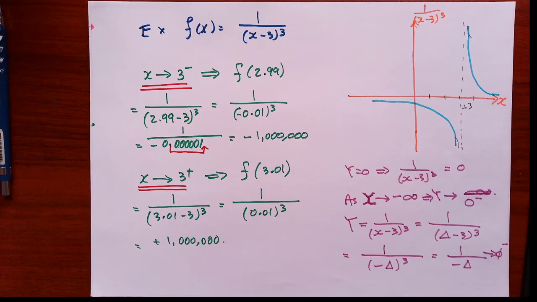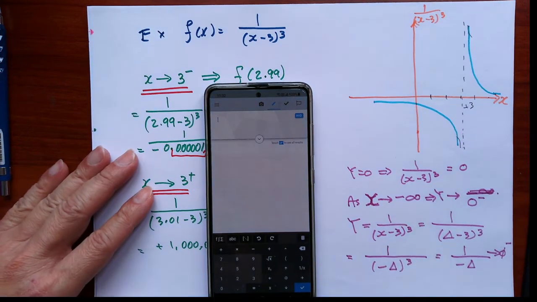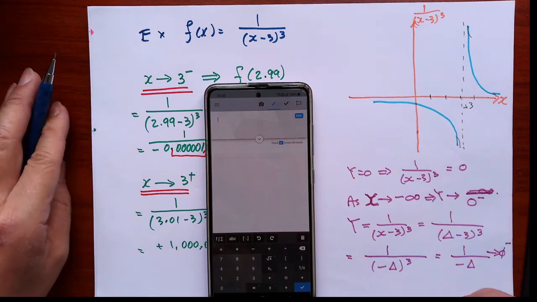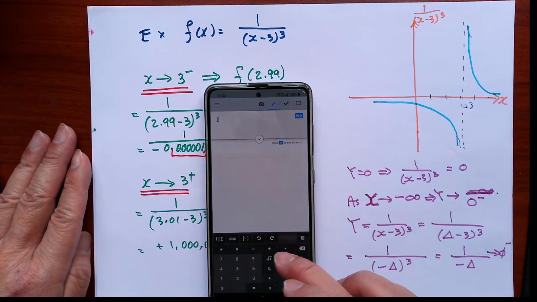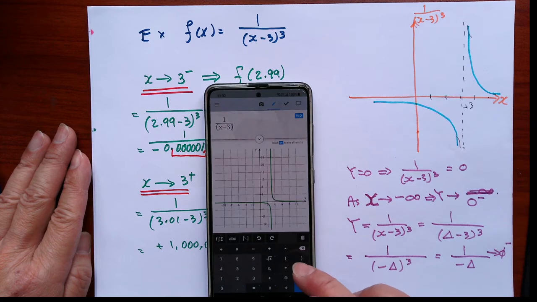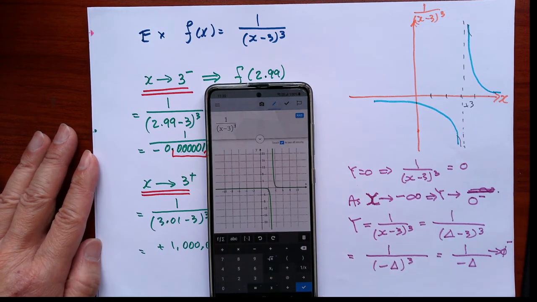We can confirm this by making a graph with our calculator right here. The function is 1 over (x minus 3) to the power of 3.